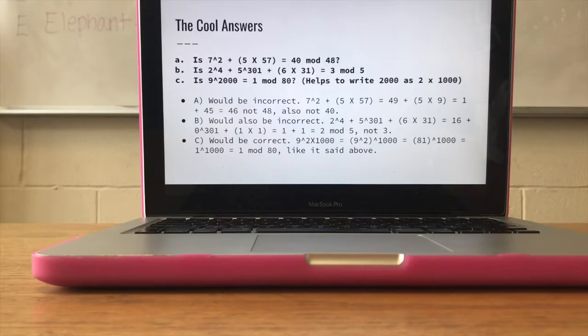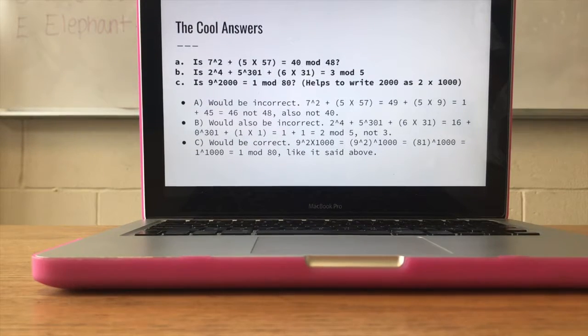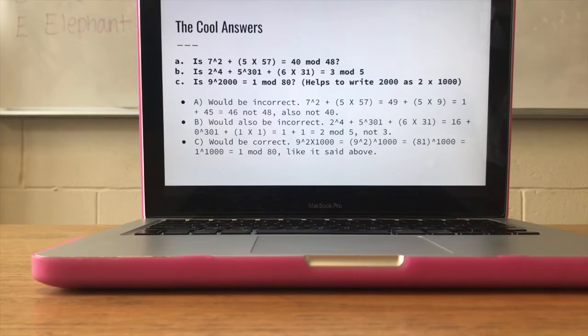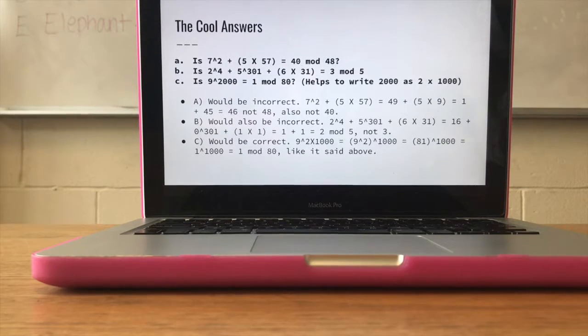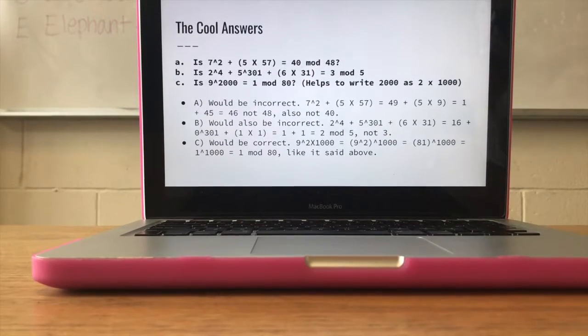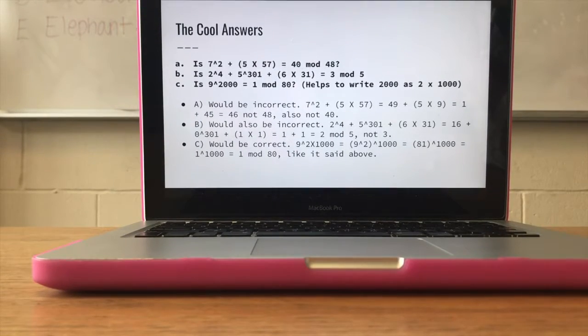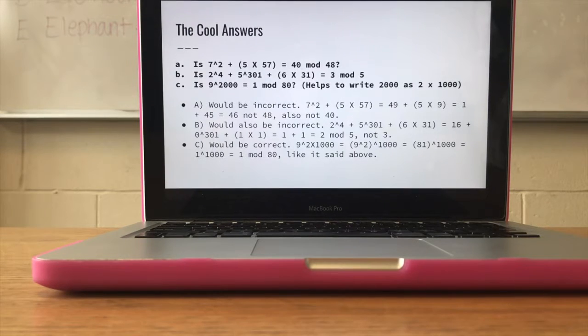B, is 2 to the 4th plus 5 to the 301st plus 6 times 31 equal to 3 mod 5? B would also be incorrect. 2 to the 4th plus 5 to the 301st plus 6 times 31 equals 16 plus 0 to the 301st plus 1 times 1 equals 1 plus 1 equals 2 mod 5, not 3 mod 5.